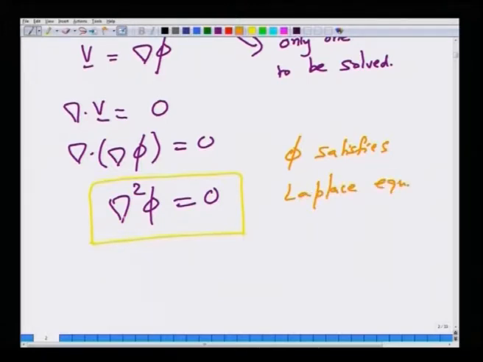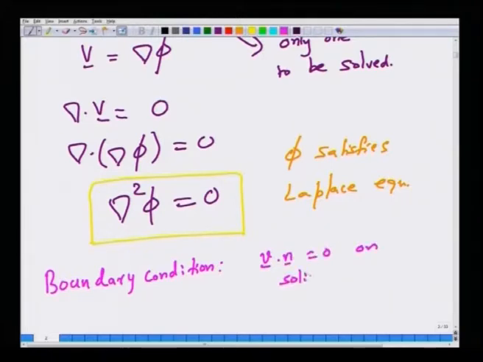We also pointed out that the only boundary condition that can be applied is the normal velocity condition, V dot n is 0 on solid surfaces, because we have already dropped the highest order derivative in the Navier-Stokes equation, namely the viscous terms.